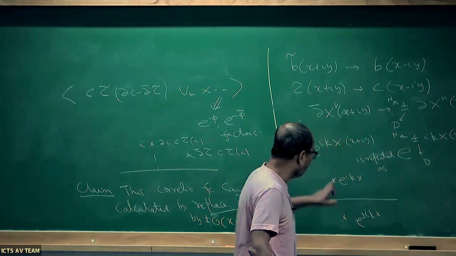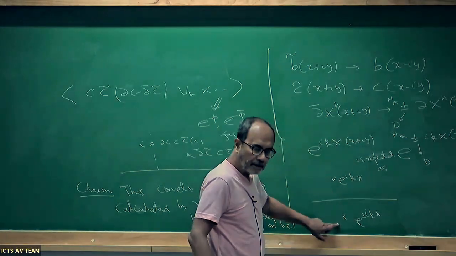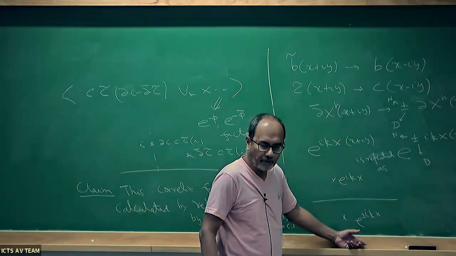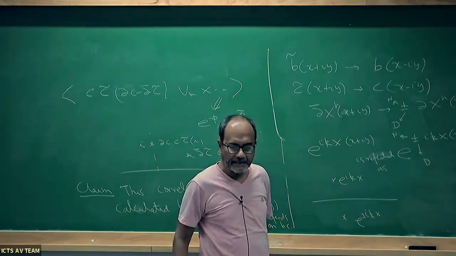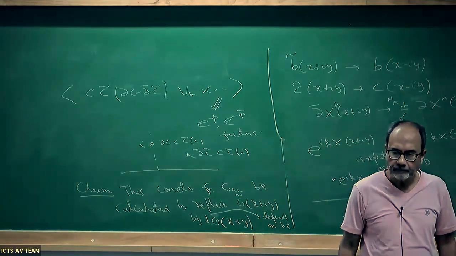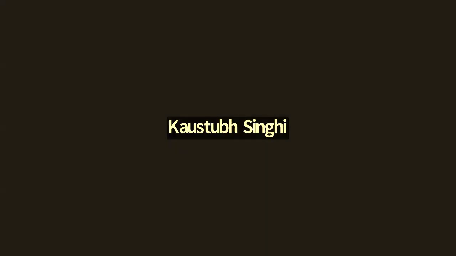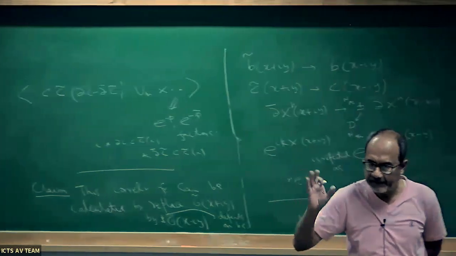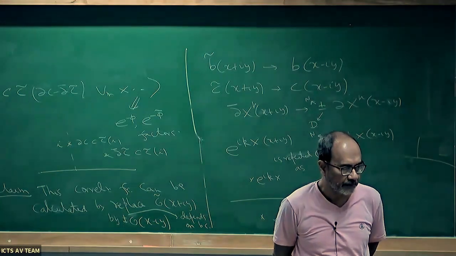So at the end, only the holomorphic parts will be important. When I say repeated, this basically means that the anti-holomorphic part is replaced by the holomorphic part, but you can write it as e to the ik dot X. So at the end, the anti-holomorphic part will have no role to play anyway. For the plane, you calculate only in the holomorphic sector. You just forget about the anti-holomorphic sector altogether.